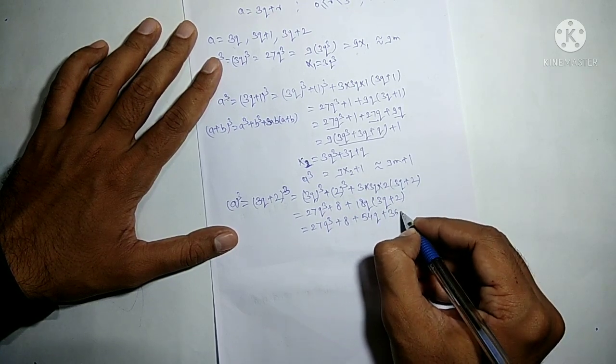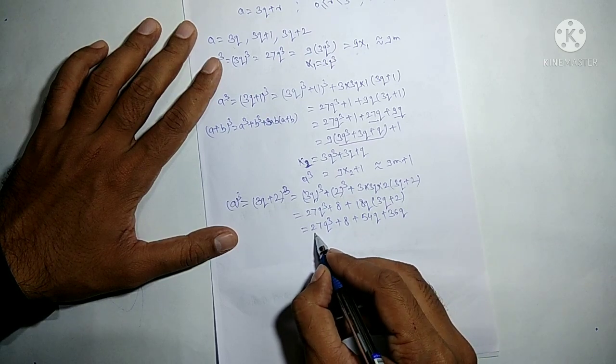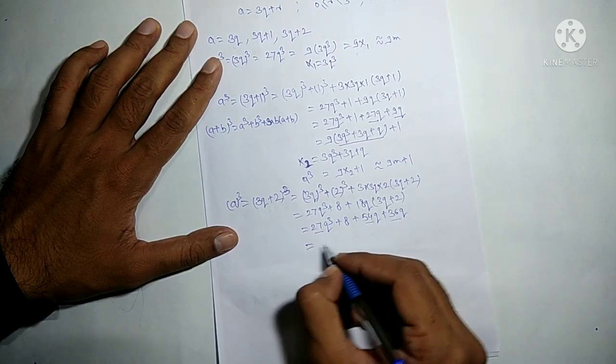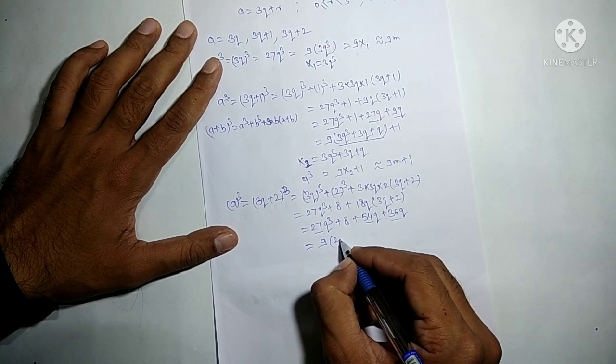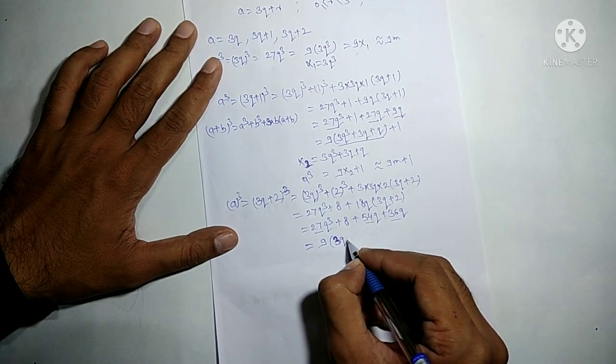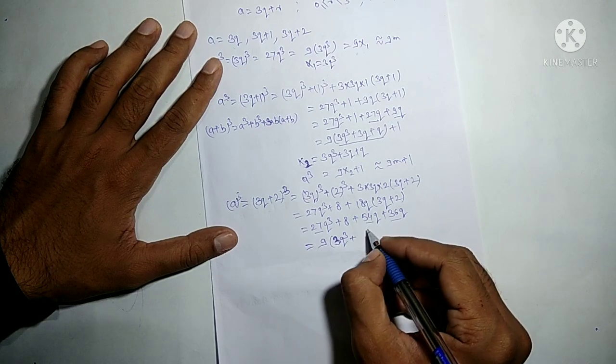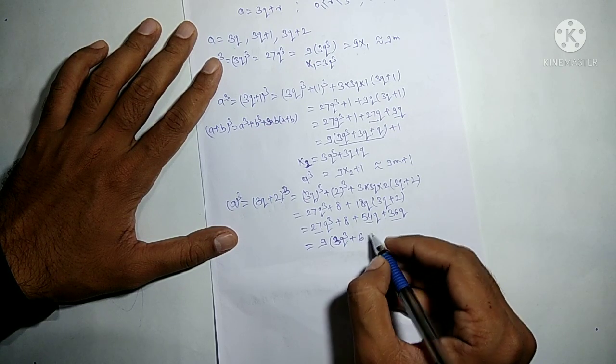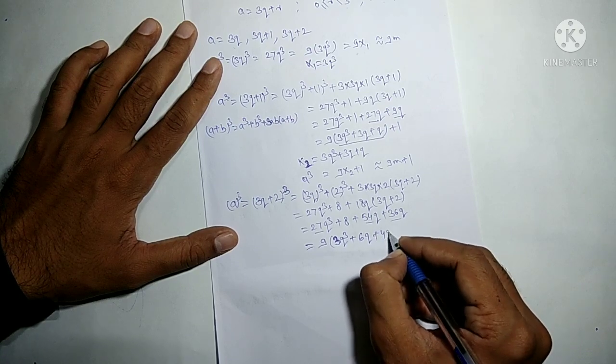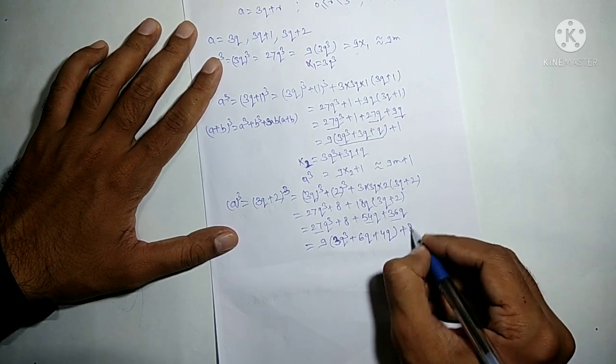These 3 terms, we take out 9. That's it.